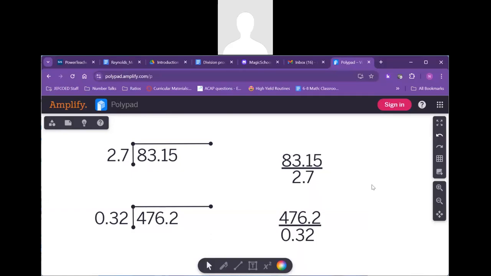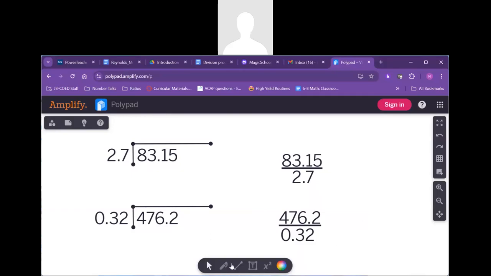We could round that up and use 3, but then when we do the multiplication, we'd have to multiply by 2.7 every time, which is more awkward than multiplying by 27, isn't it? So I want to show you what mathematicians have done over the years to make 2.7 into 27.